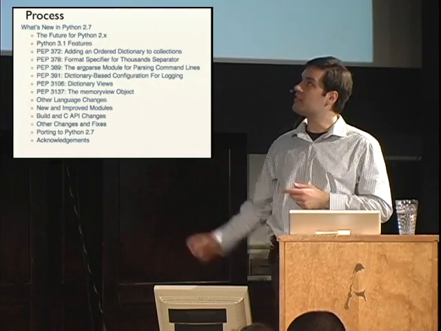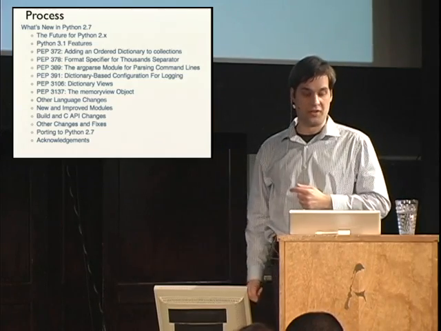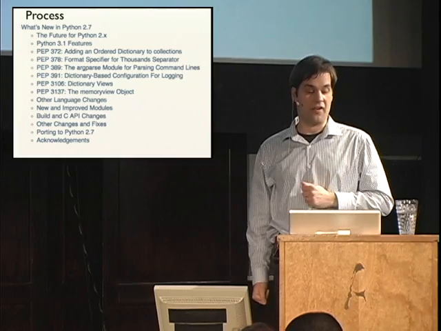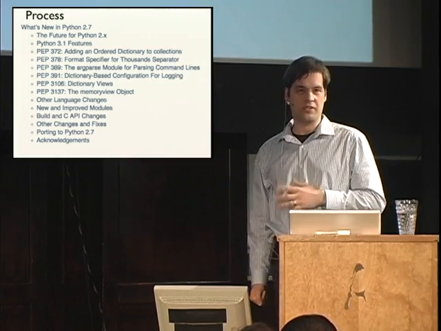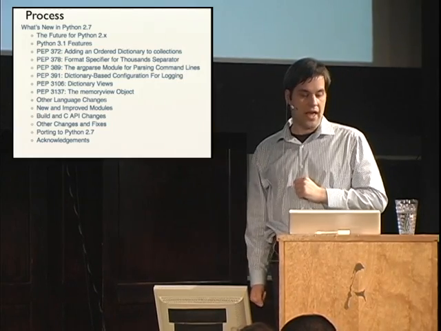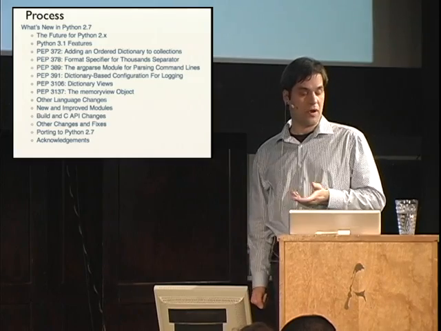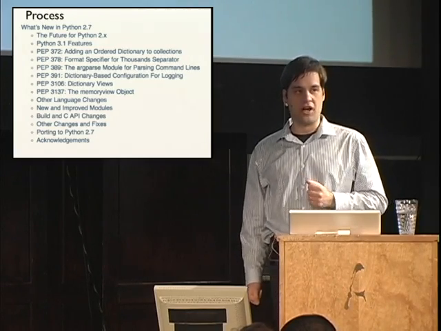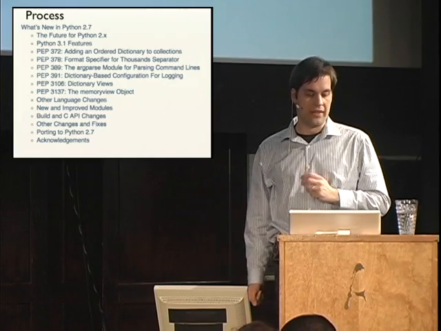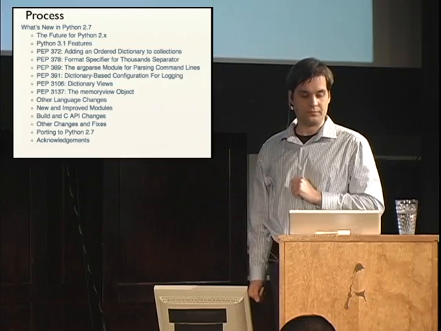And then I went through each of the PEPs that were introduced in a particular version, just sorting them numerically. And other language changes became a miscellaneous section where small changes could be swept. And new and improved modules discussed the standard library with subsections for entire new modules that were introduced, and then a long list of changes.